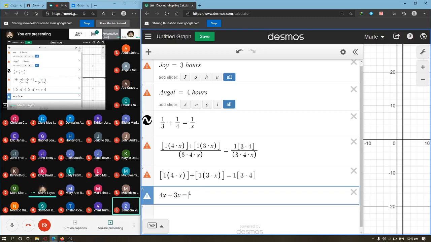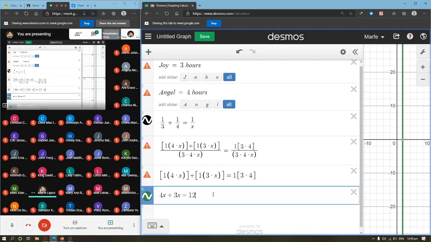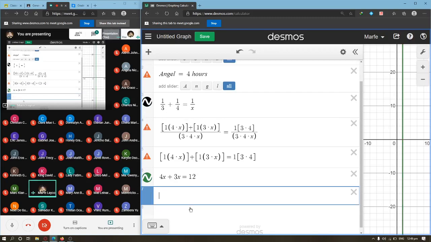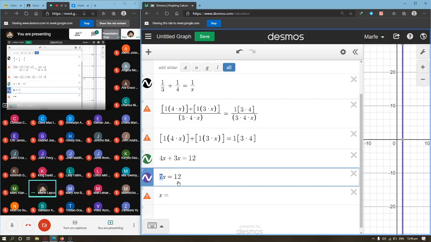So 4x plus 3x is equal to 1 times 3 times 4 is 12. Okay. Next. 4x plus 3x is equal to 7x is equal to 12. And then x is equal to, since katabi siya ng x, ilalagay natin sa ilalim ng 12.